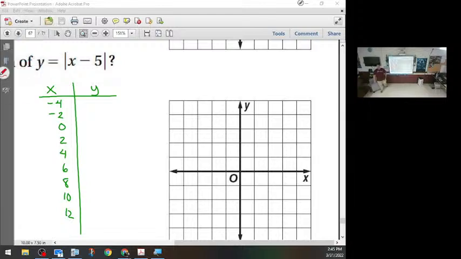I'm just going to put a whole bunch of numbers on there.